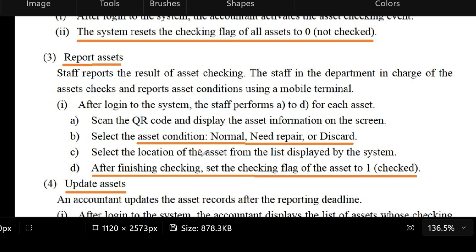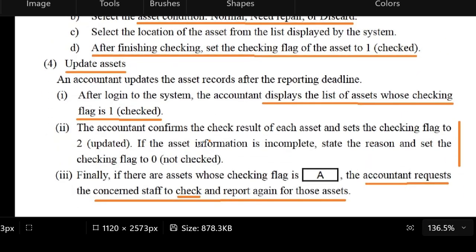Now, the asset condition, as default, should be normal, but there are other cases too, for example, need repair or discard. After checking, we set the flag to 1 because we've checked the asset already. So here we see a change. Once we've checked the asset, we put a 1 there to signify that it's checked. The next step is the last step.